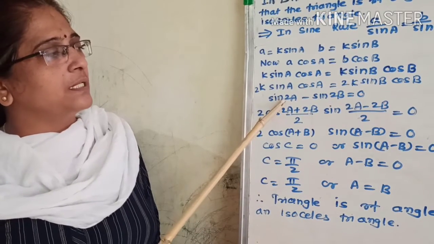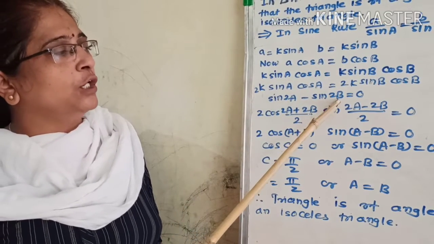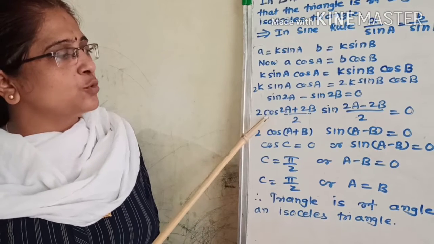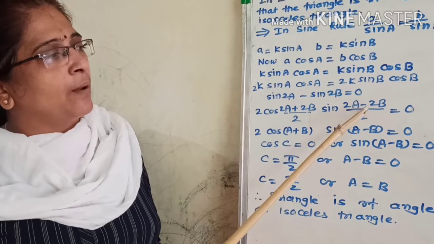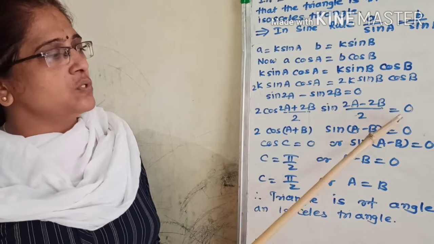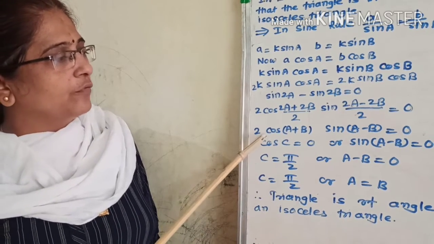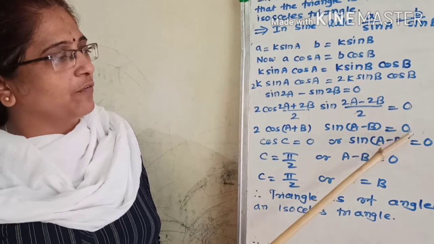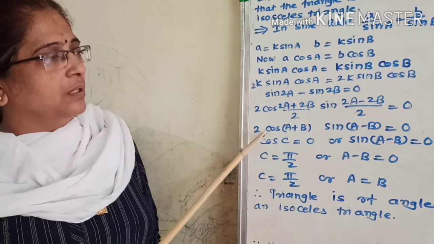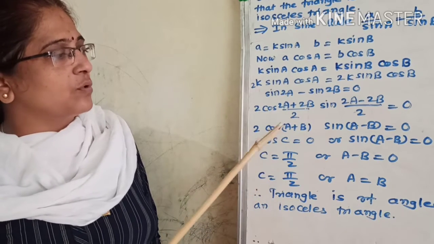And the value of C is 2A, D is 2B. Therefore this can be written as 2 cos of (2A plus 2B) upon 2 sin of (2A minus 2B) upon 2 equal to 0. Therefore 2 cos(A plus B) sin(A minus B) equal to 0. So the product of these is equal to 0.